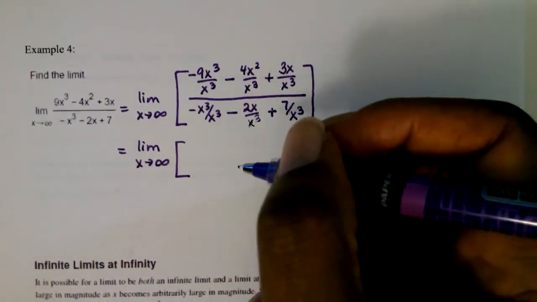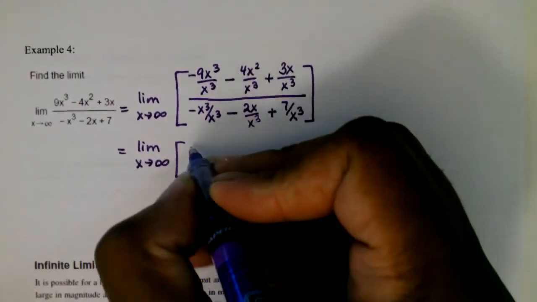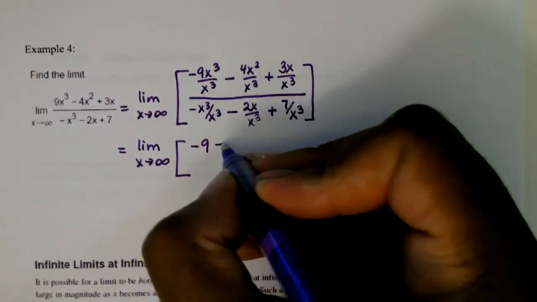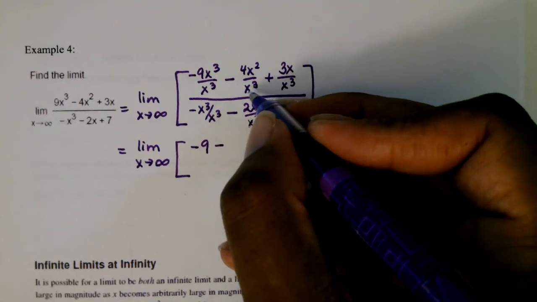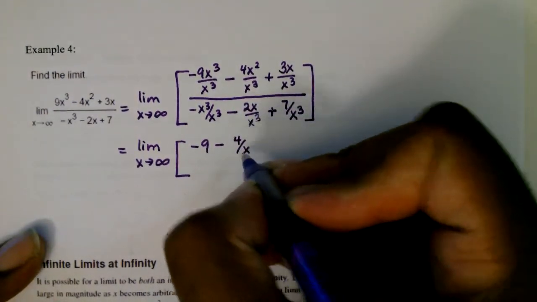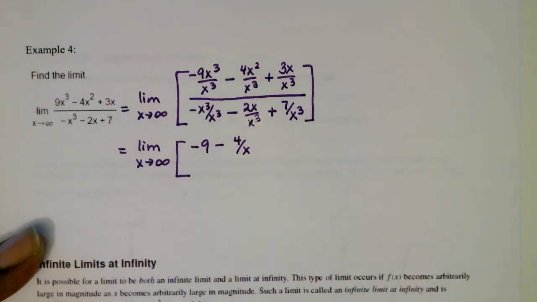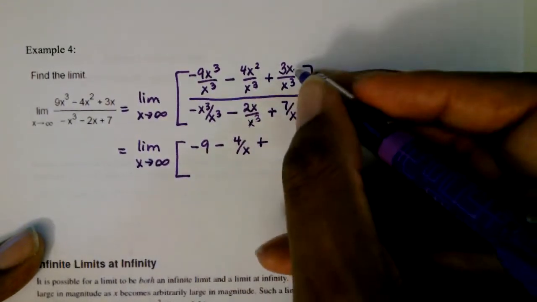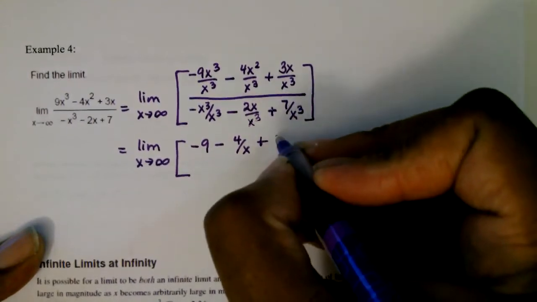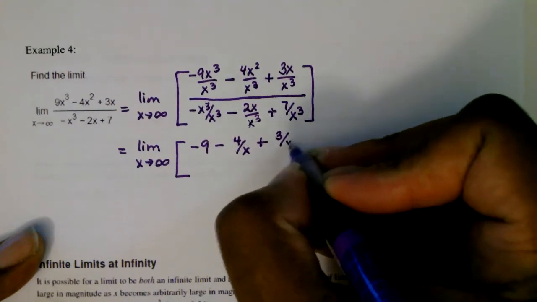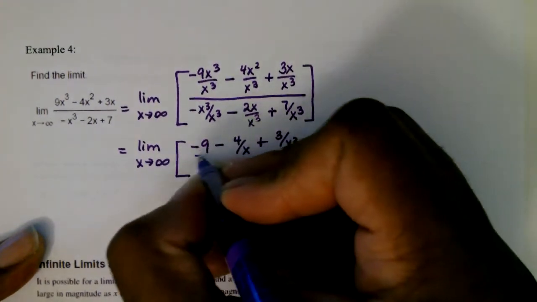9x cubed divided by x cubed, that's 9, minus 4x squared divided by x cubed. That would be 4 over x. I will be left with an x in the denominator, plus 3x divided by x cubed. Well, one of the x's will divide out. I'll be left with a 3 in the numerator and an x squared in the denominator.